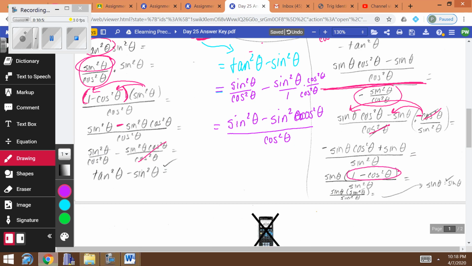Now we're at least in one term, but we want to combine that numerator together. So I see that there's a common factor of sine squared, which leaves us with 1 minus cosine squared right here. And here we know 1 minus cosine squared is the sine squared. Okay, so now we've got everything multiplied.